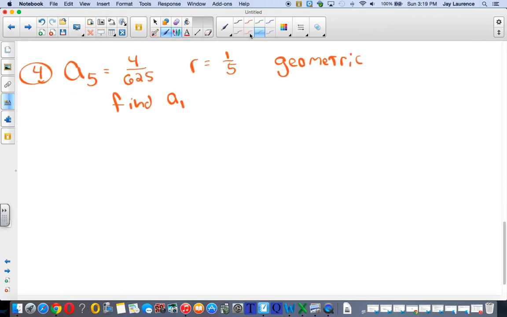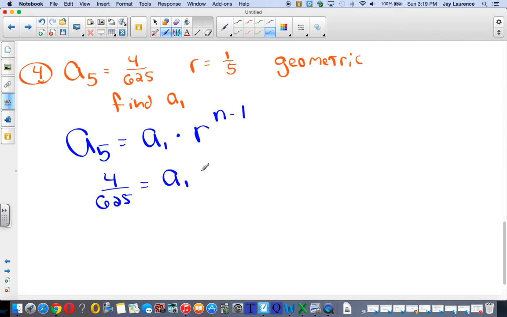Okay, I'm told it's geometric, so I'll use a sub n. In this case, it's a sub 5. And that will be a sub 1 times r to the power of n minus 1. Well, a sub 5 is this ugly 4 over 625. A sub 1, I do not know.